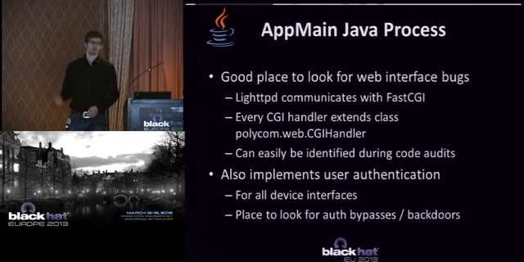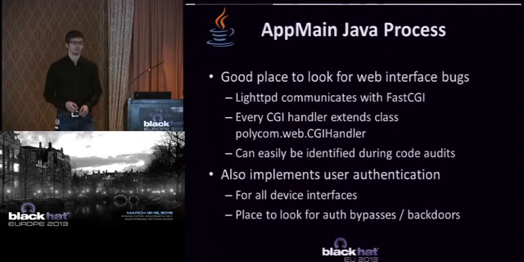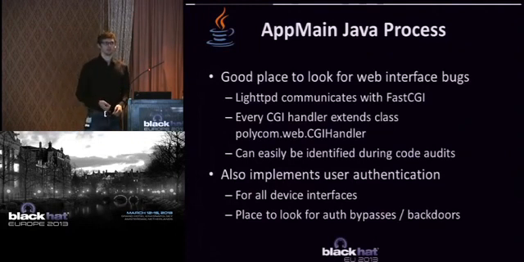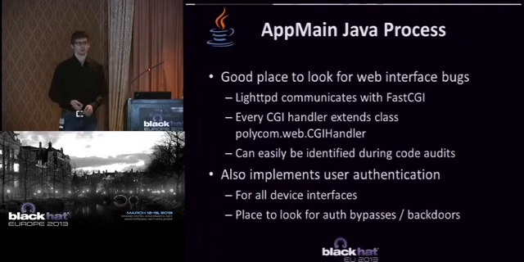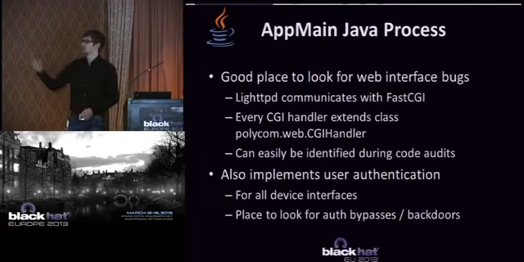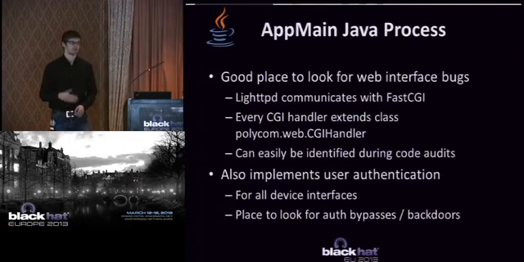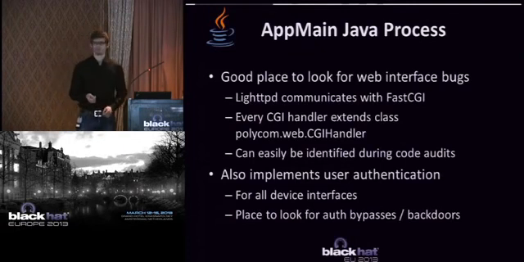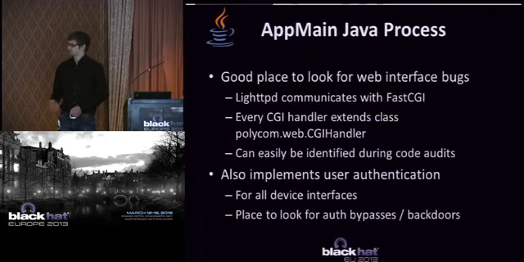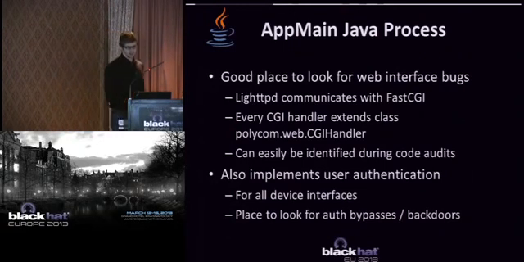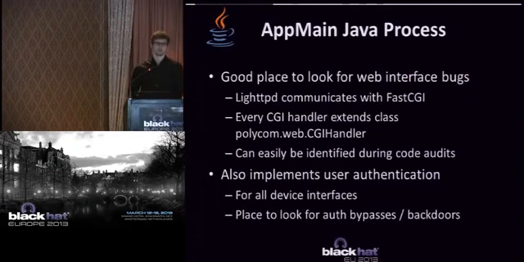You can basically decompile those Java classes and take a look there, because the web interface makes use of the light HTTP server with fast CGI, and all the CGI handlers are basically implementing the Polycom web CGI handler class. So it's pretty easy to actually find the code you are looking for. And as I said, this also implements the authentication. So if you want to try to find authentication bypasses or bugs of that kind, this might be a good place to look at as well.